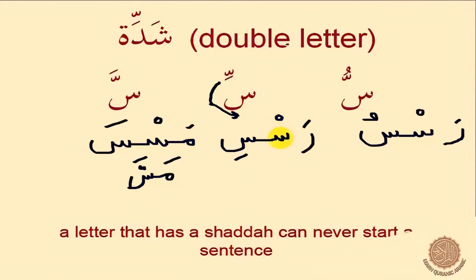Let's look at some words with the shaddah. So here we have 3 words, actually 4 words, because iyyaka actually is made up of 2 different words, a particle and a pronoun. So how do we pronounce this? Iyyaka. Notice the ya gets a double vowel because of the shaddah there. Iyyaka.